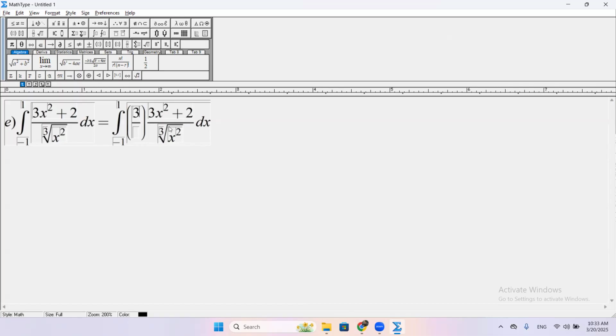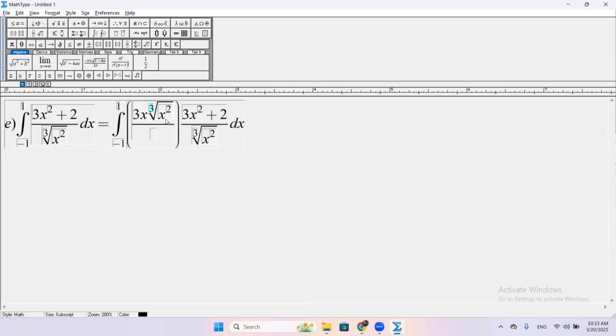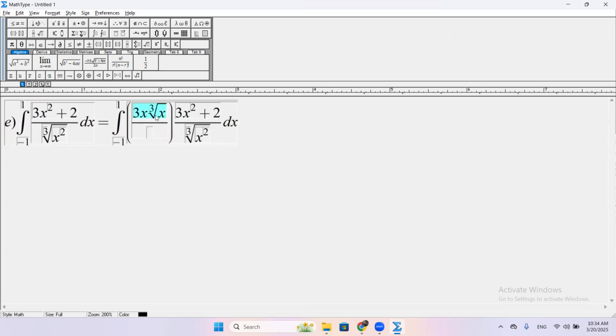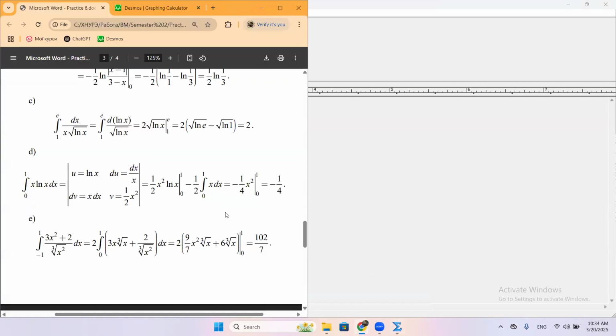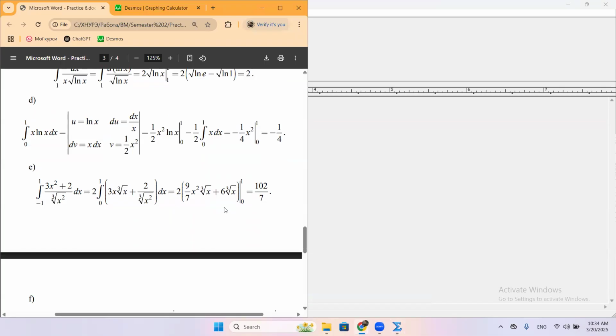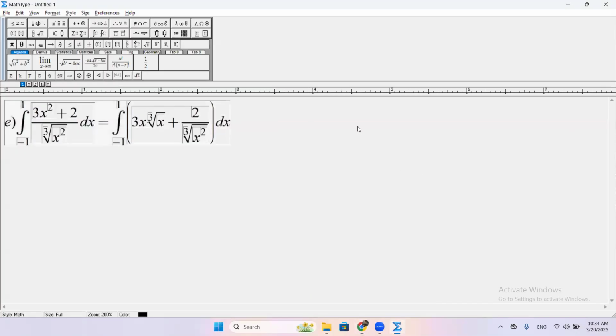So it is 3x over the cube root of x, plus 2 divided by this. Let me check also. Yeah, correct.